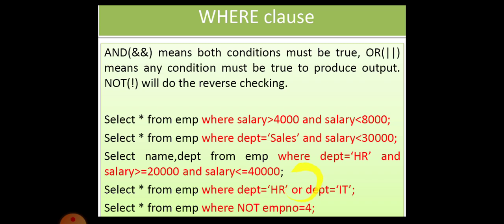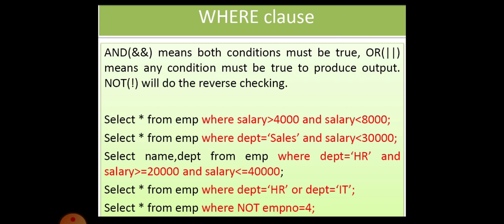Then how to use OR? Where department is HR or department is IT: either the employee is in HR or the employee is in IT. So the employees either in HR or in IT or in both will be displayed into the output.